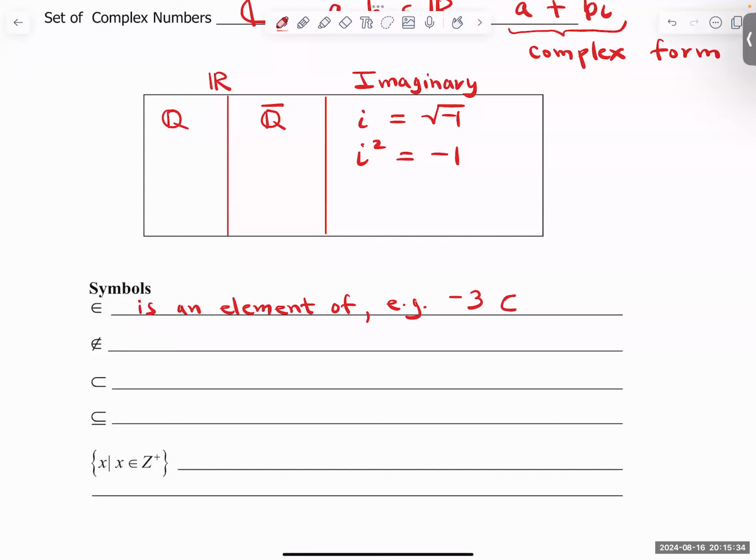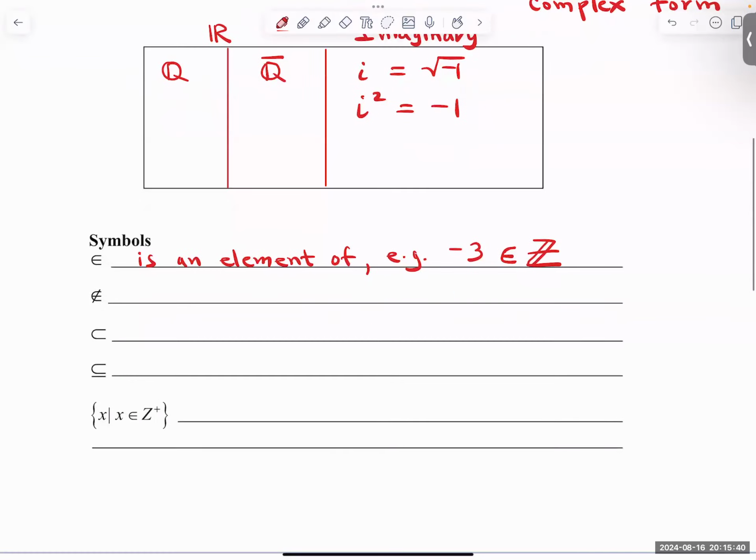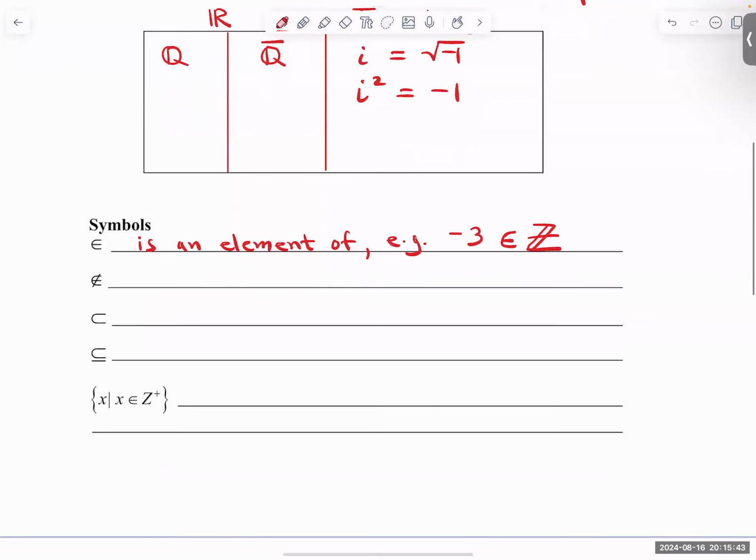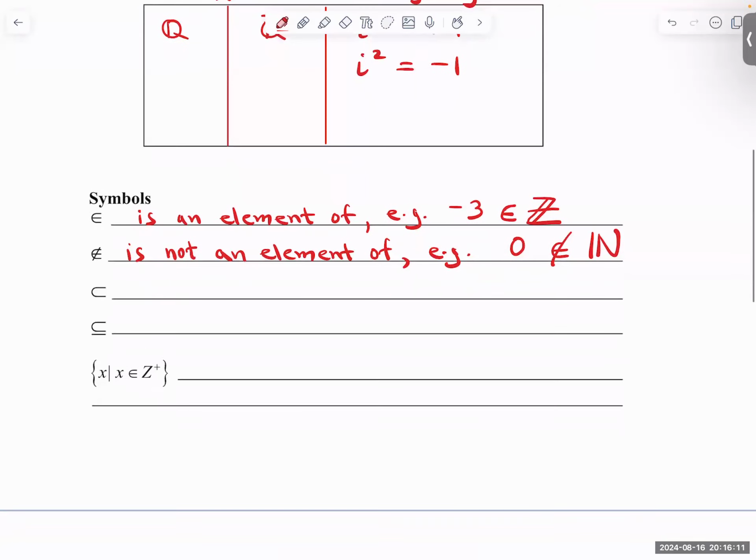So we can use the symbol as an element of the set Z. If a number is not a member of a set, then we use the symbol that means is not a member of a set, or is not an element of a certain set. For example, the number 0 is a whole number, but 0 is not a natural number. So 0 is not an element of the set of natural numbers. The next symbol means proper subset.